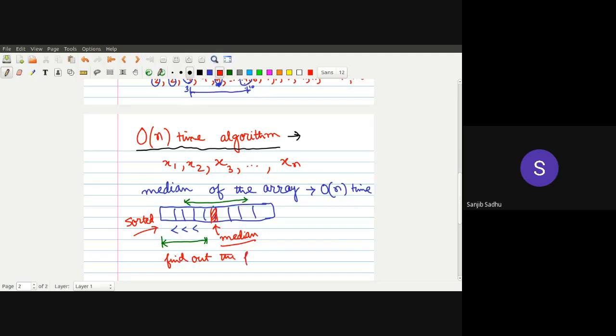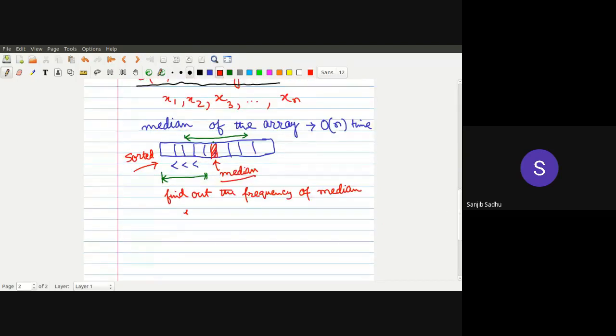If it is greater than n by 2, then it is the majority element. Is it clear?